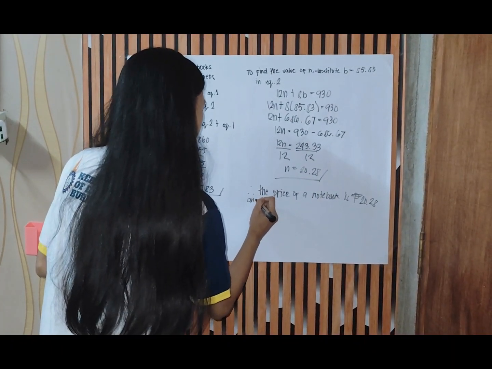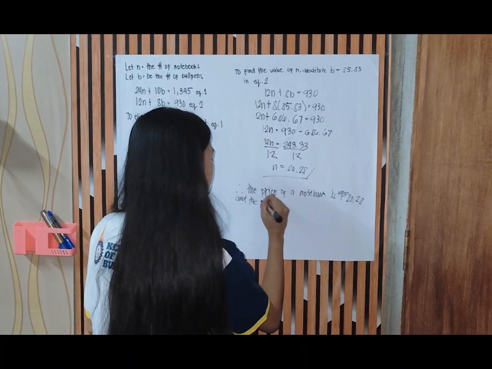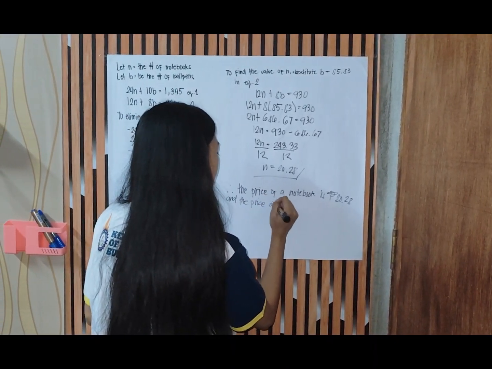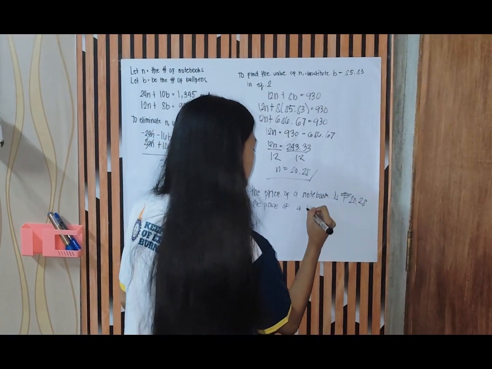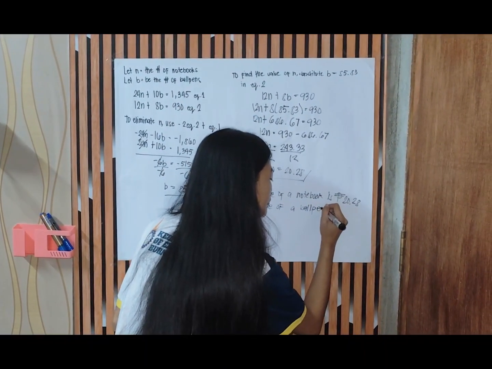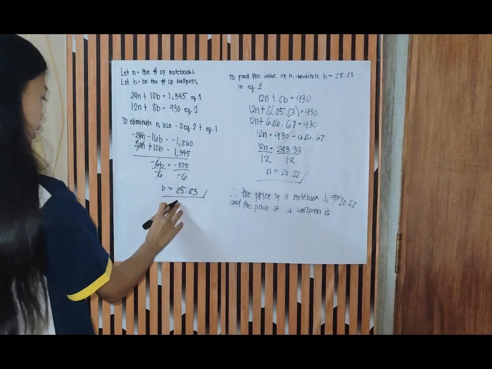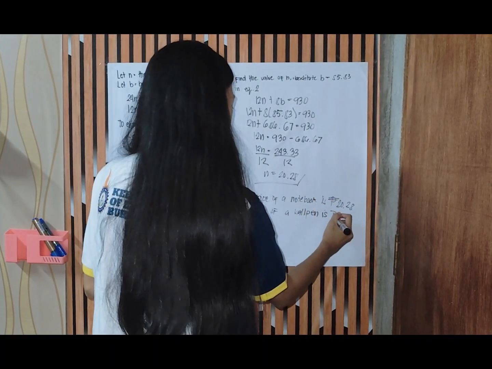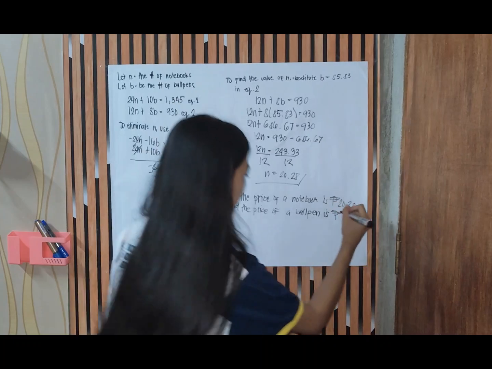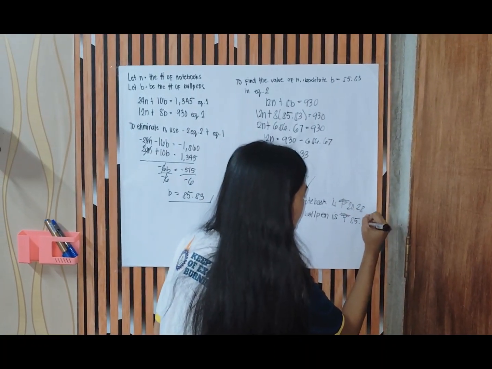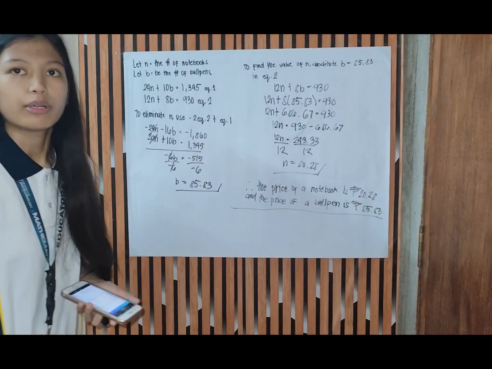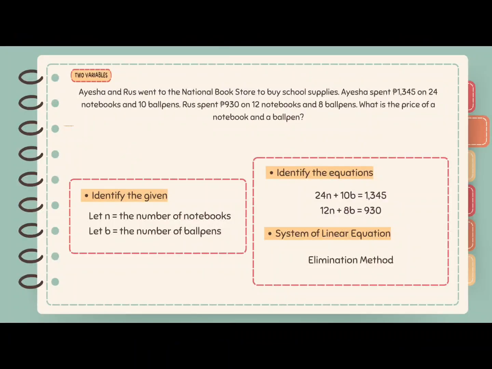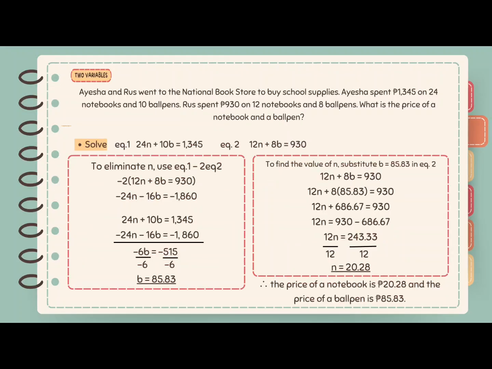And the price of a ball pen is 85.83 pesos. So this is our final conclusion and our final answer. For you to further analyze the process or the solution, you can refer to these images.